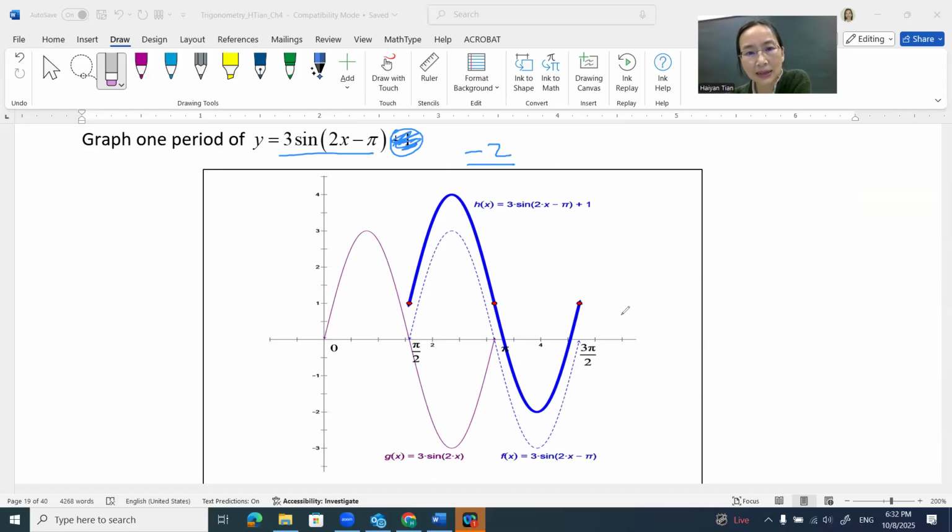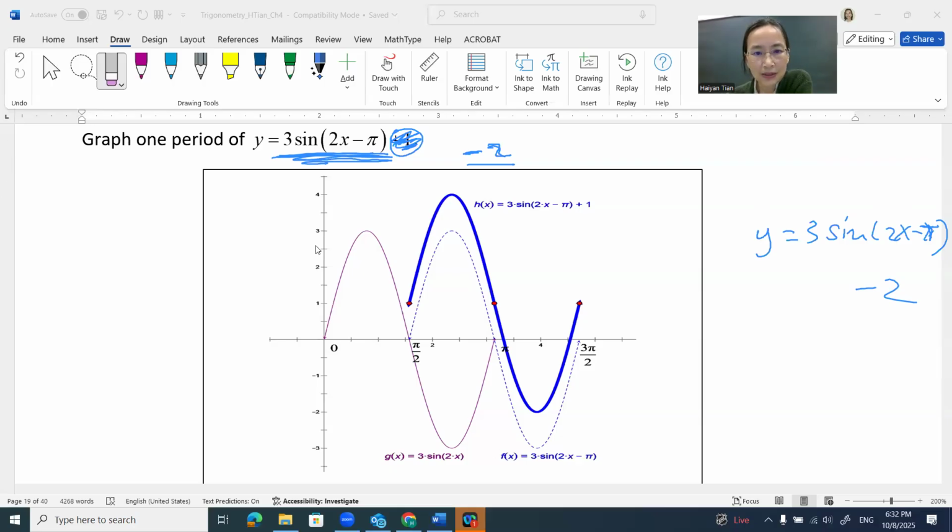After you get the dotted line, which is this part, 3 sine of 2x minus pi, if we want the graph of 3 sine of 2x minus pi, minus 2, then we have to lower that dotted line 2 units downward.